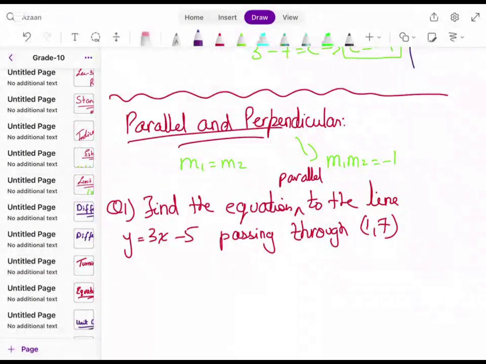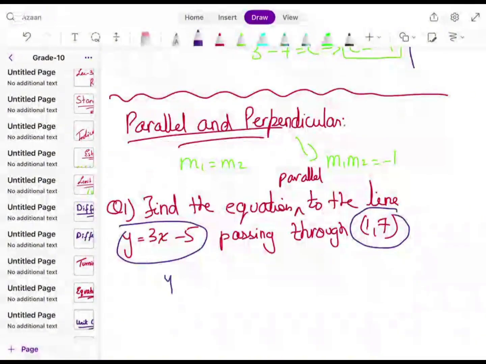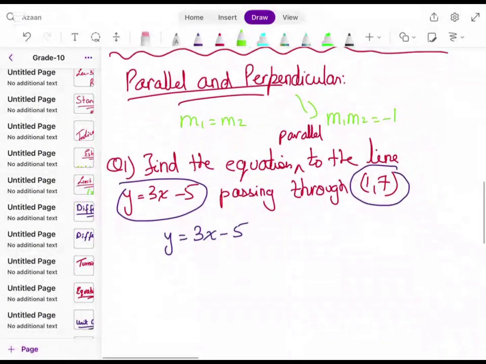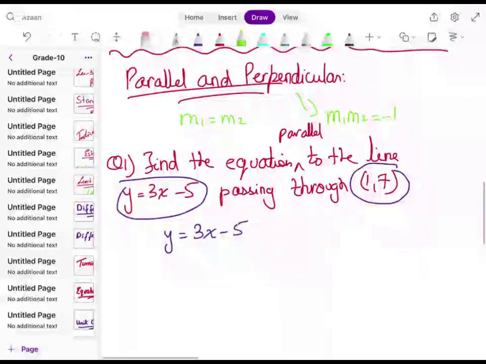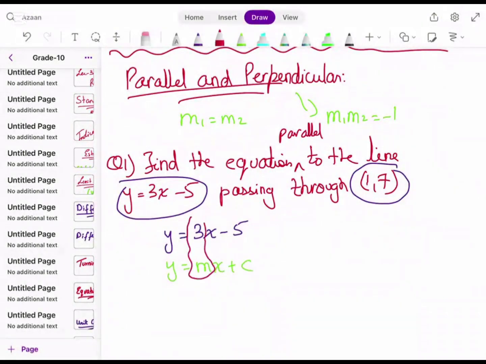Listen to me very carefully. We have to find the equation which is parallel to y is equal to 3x minus 5 and passing through 1, 7. So first I will find the slope using this equation. How to find the slope when we have an equation? We know that the general equation is y is equal to mx plus c. So we can see that the slope, or gradient, is equal to 3.